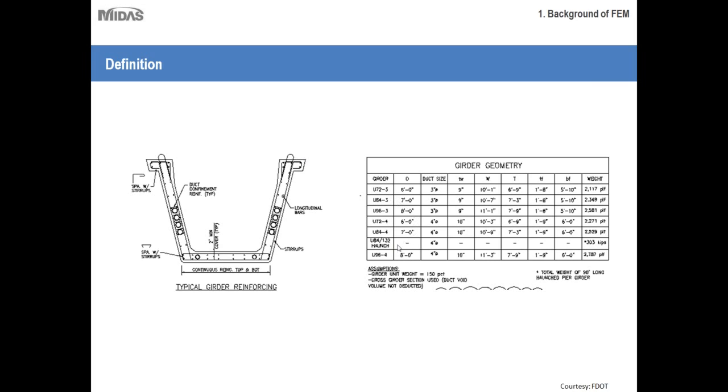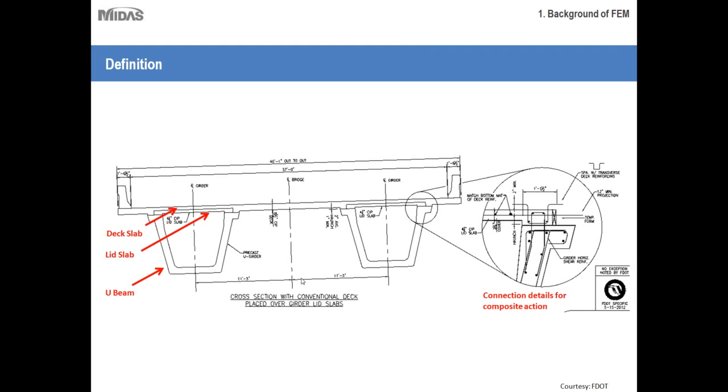As you can see, different DOTs are giving different specifications for the type of sections that should be used in their states. So you can see some standard definitions for the sections. These beams are called U-beam, U72, U64, U96, and all these different configurations are available. So they are the typical girder sections that you can start with.